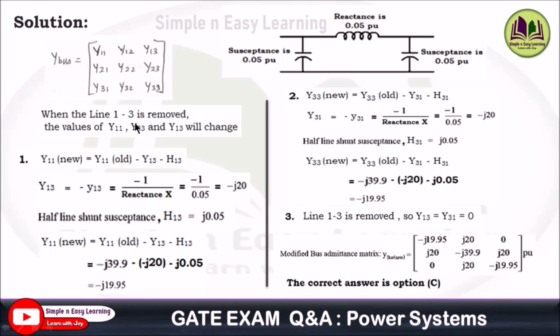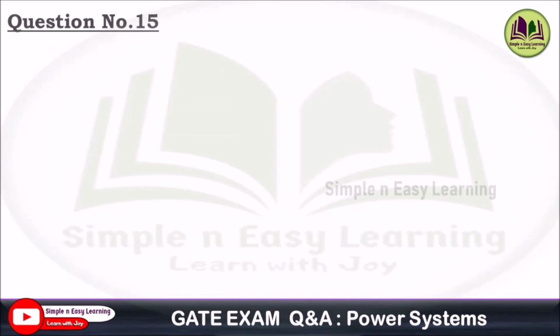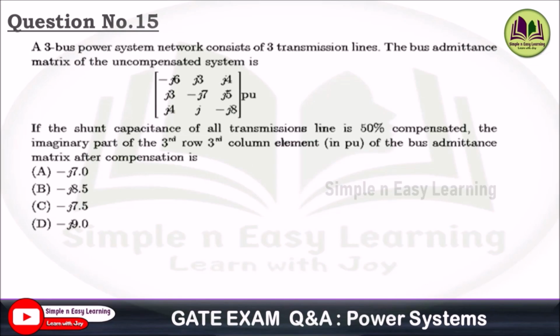Now we move on to the next question, question number 15. A 3-bus power system network consists of 3 transmission lines, and the bus admittance matrix of the uncompensated system is given in the problem, which is minus j6, j3, j4; j3, minus j7, j5; j4, and here also j5, it's a printing mistake, and minus j8 per unit.